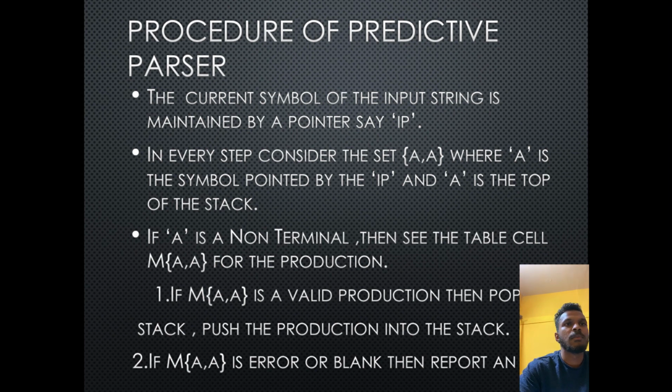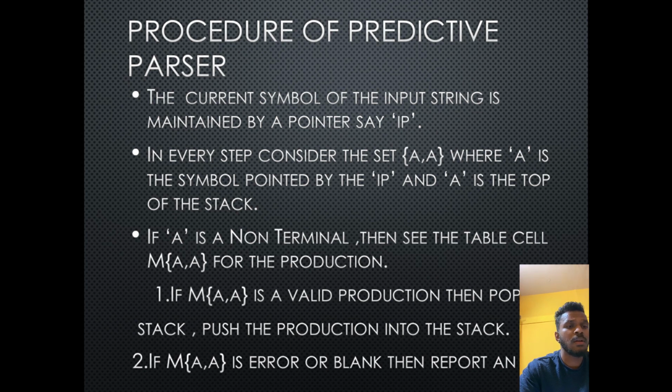Now the procedure of the predictive parser. The current symbol of the input string is maintained by a pointer called IP. In every step, consider the pair (X, a), where a is the symbol pointed to by IP and X is the top of the stack. If X is a non-terminal, then see the table cell M[X, a] for the production.